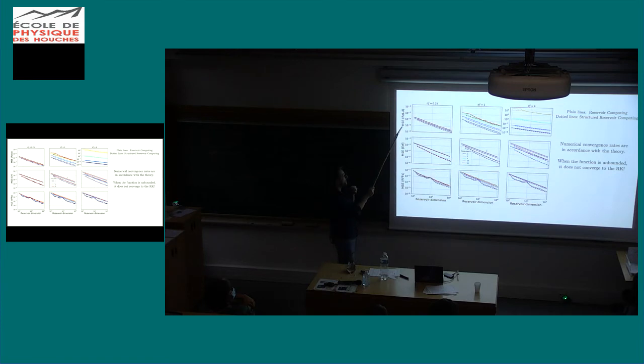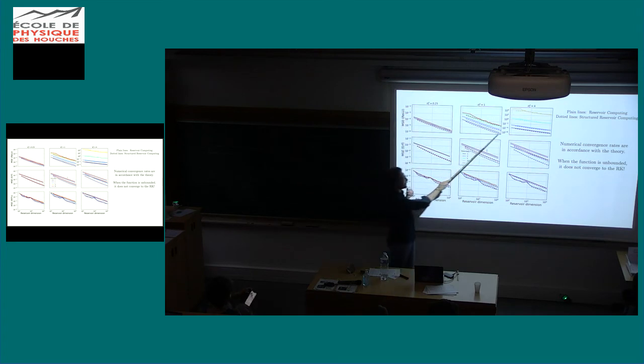This is the mean square error of the reservoir computing minus the kernel. We do it for three nonlinearities: ReLU, error function, and random Fourier features, and for different variants of the reservoir. And we show that when the assumption of our theorem is not satisfied, which is a bounded nonlinearity, so ReLU is not bounded, then we diverge, so we don't tend to the recurrent kernel.